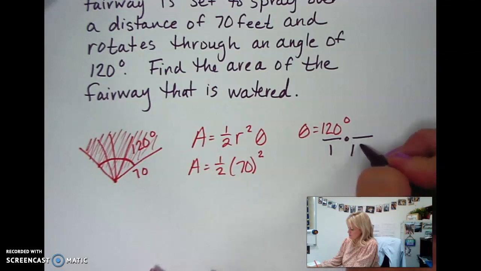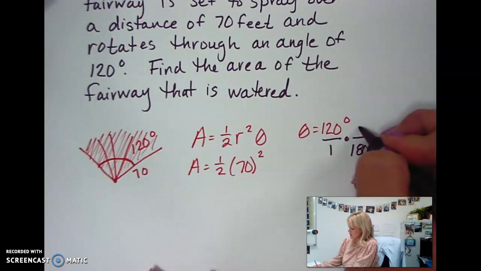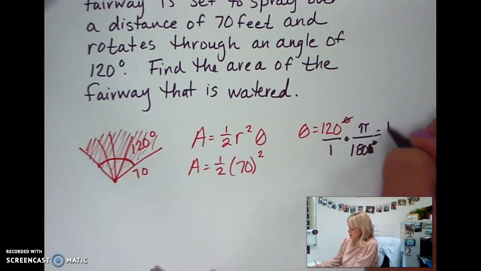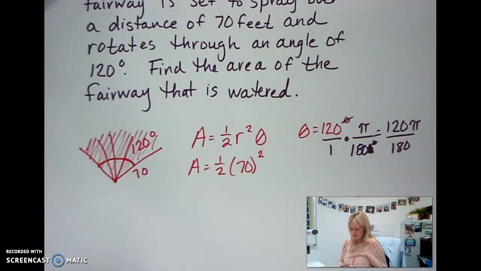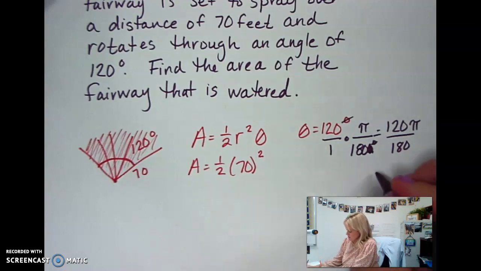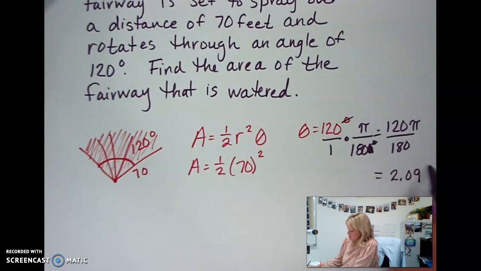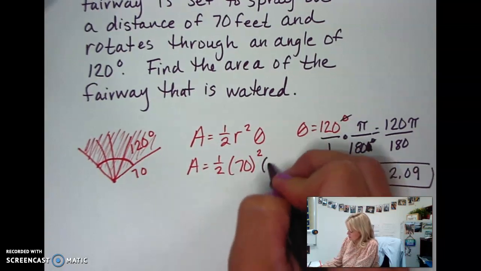If I want to get degrees out of there, I put that on the bottom, pi on top, degrees on top cancels with degrees on the bottom, and we have 120 pi over 180. Again, go ahead and multiply that out. 120 times pi divided by 180 gives us radians of 2.09. So that is what is going to go in here.